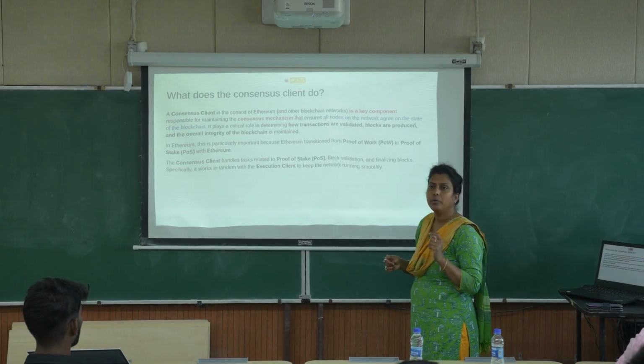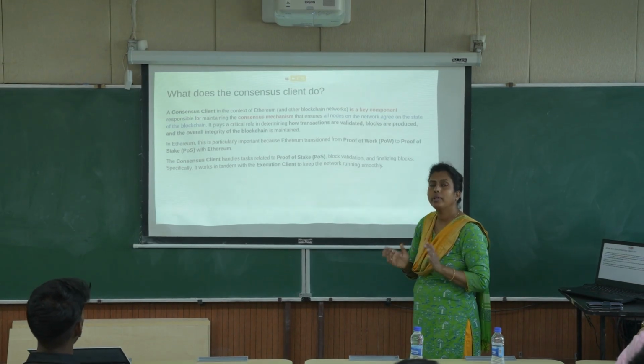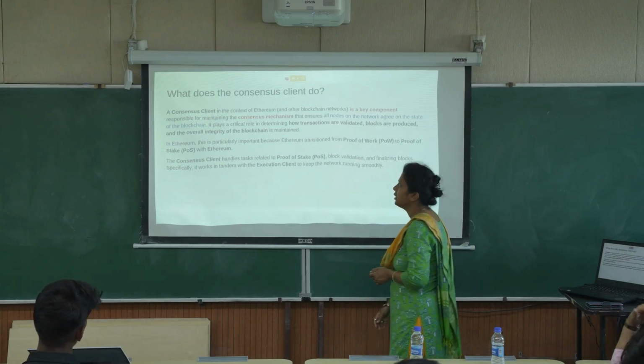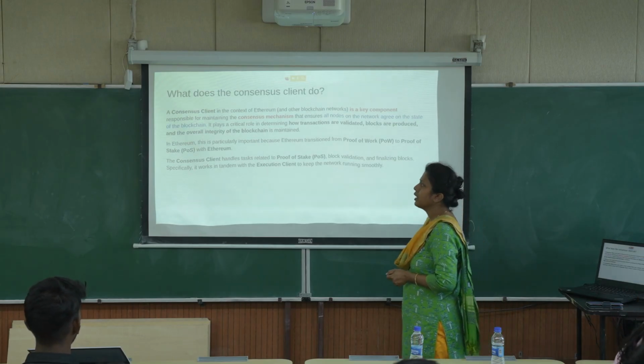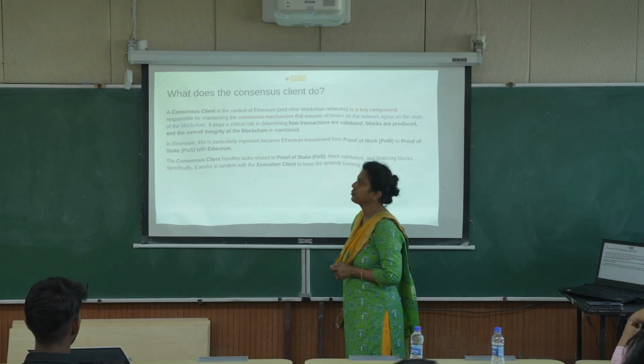That's why we need consensus to decide yes or no. That work is done by this consensus protocol. It plays a critical role in determining how transactions are validated, blocks are produced, and how the overall integrity of the blockchain is maintained.